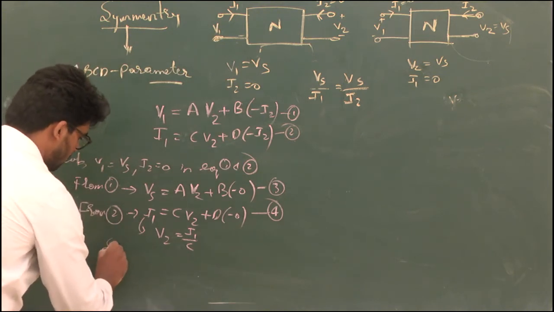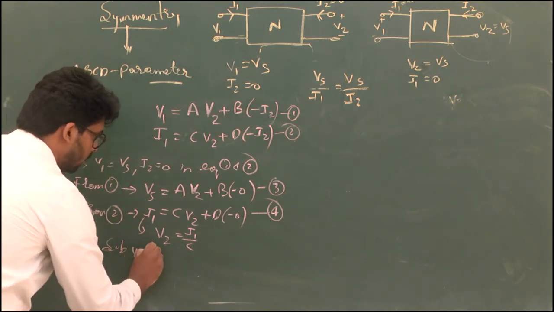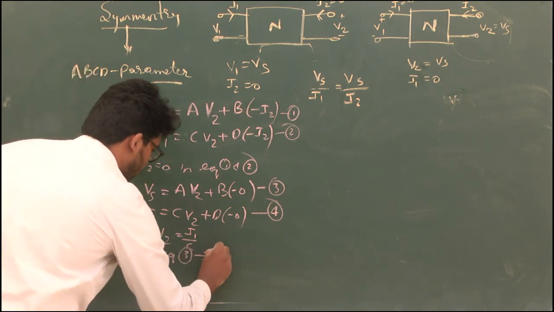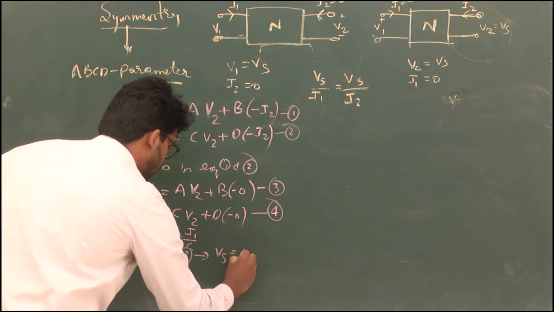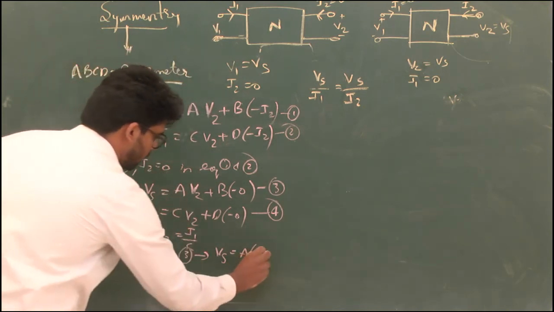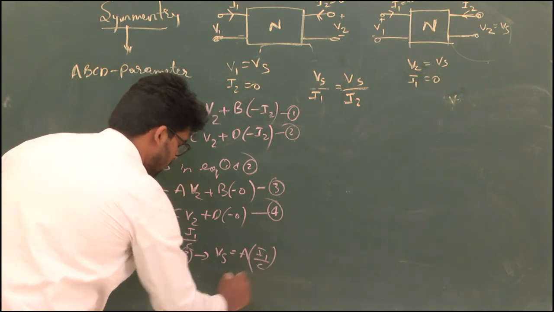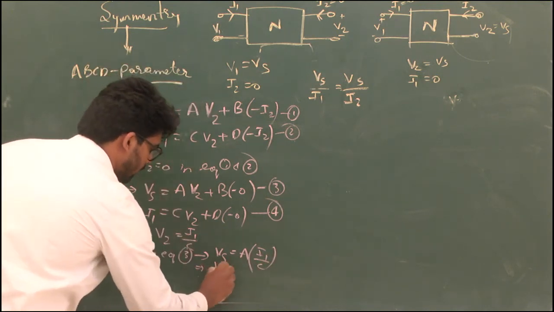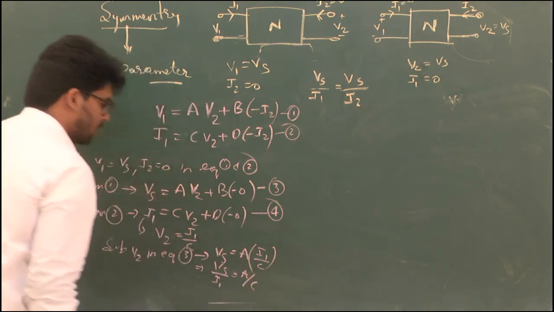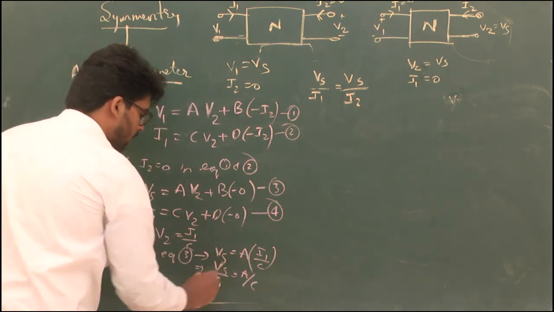Substitute V2 in equation 3, and you will get Vs equal to A into I1 by C. By this you will get Vs by I1 equal to A by C. So this is the input response.